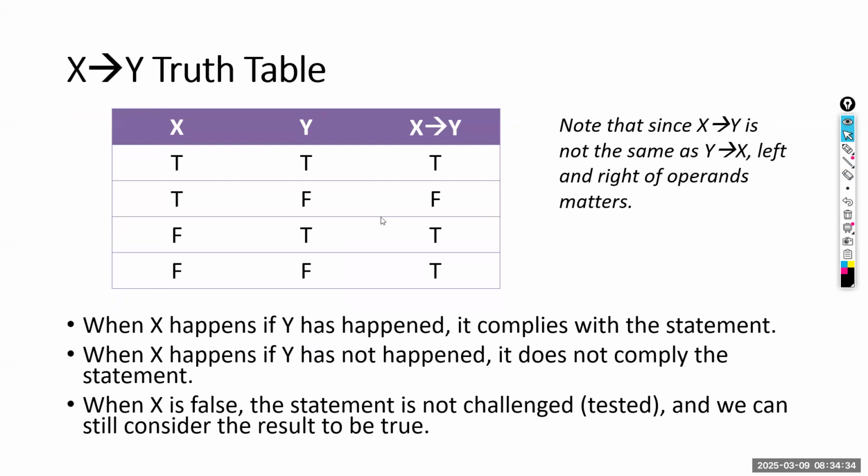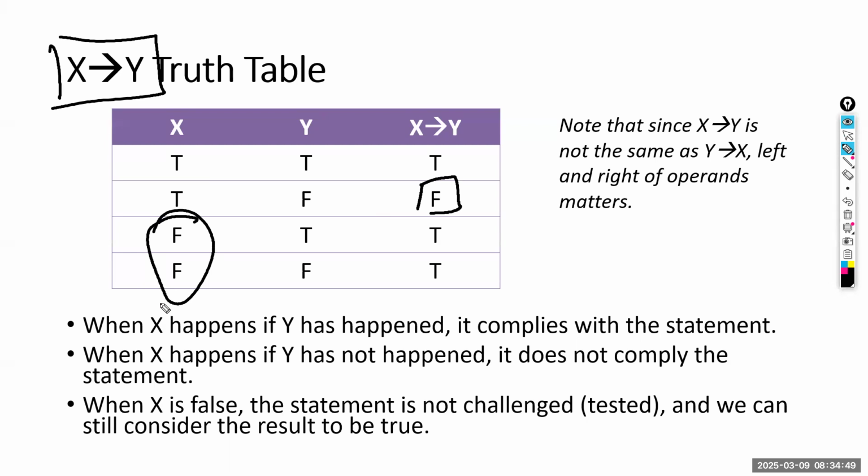So this is the truth table. If x is true and y is false, then your statement is definitely false, because what you say has not happened. But you don't need to worry about when x is false, because what you say is: if x, then y. So you get the benefit of the doubt, because your statement is not tested.